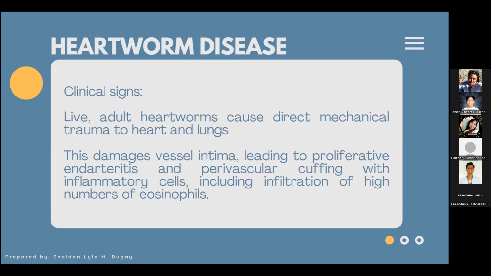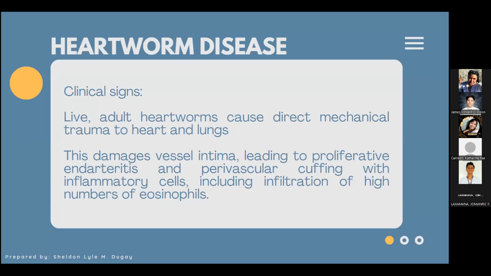And then other clinical signs, live adult heartworms cause direct mechanical trauma to heart and lungs. Then this damages vessel intima, leading to proliferative endarteritis or inflammation sa inside ng artery, and perivascular cuffing with inflammatory cells, including infiltration of high numbers of eosinophils.